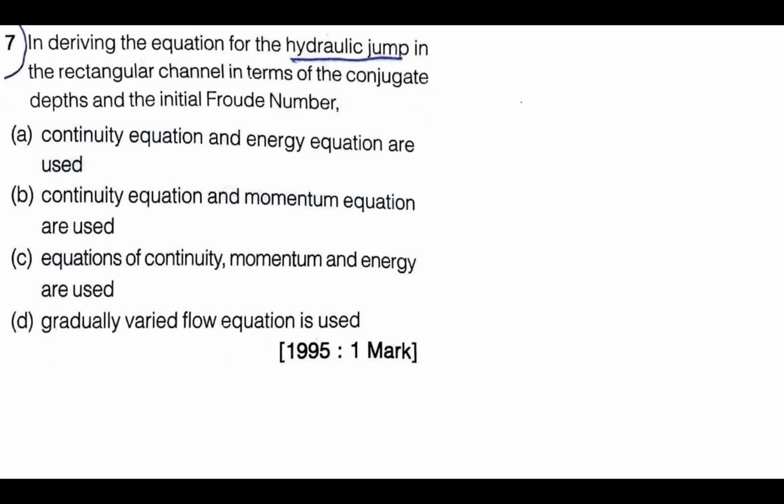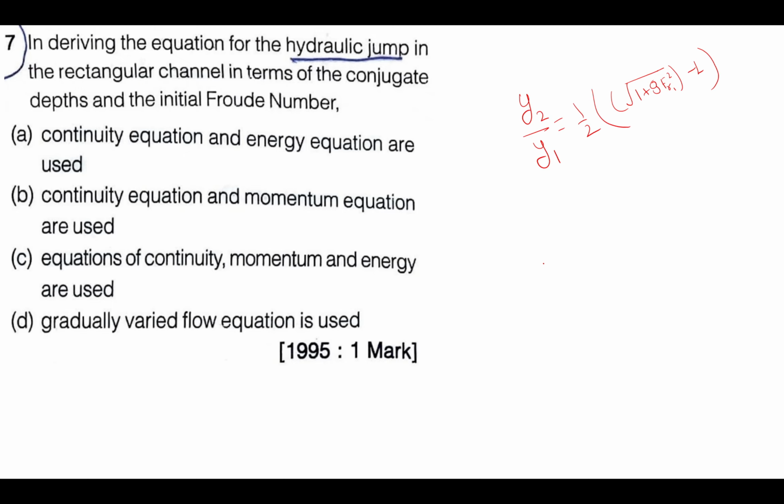The equation looks like y2 divided by y1 equals 1 by 2 root under 1 plus 8 Fr1 square minus 1. If you want to derive such an equation, what will be the basic or fundamental concept?